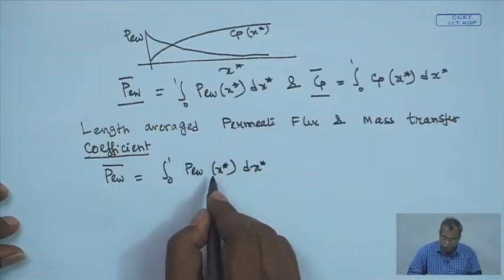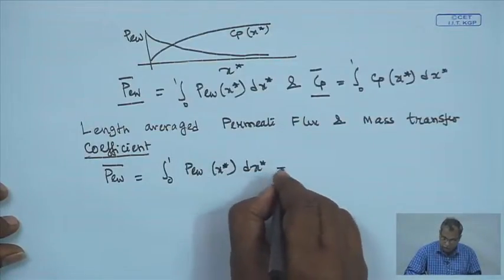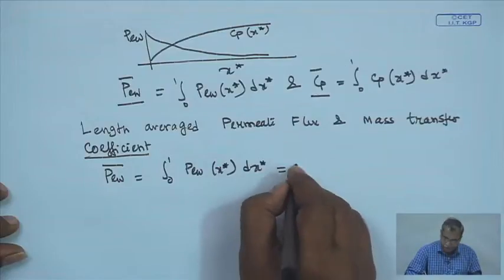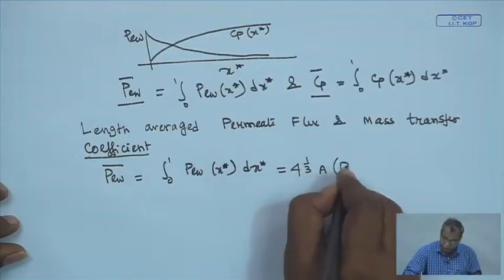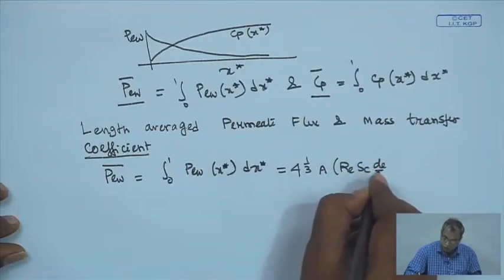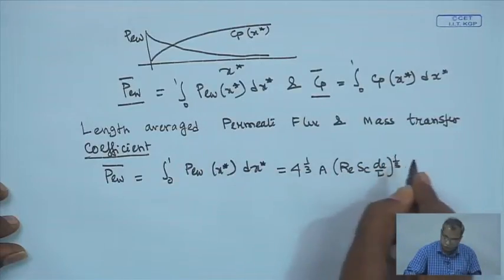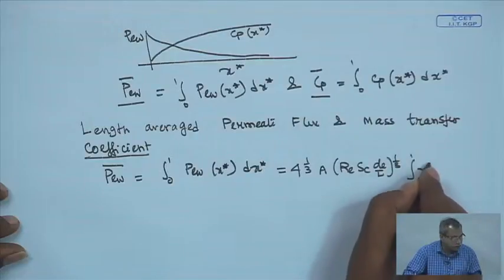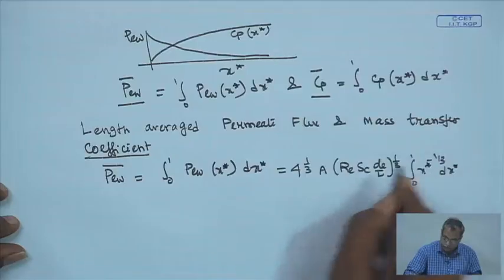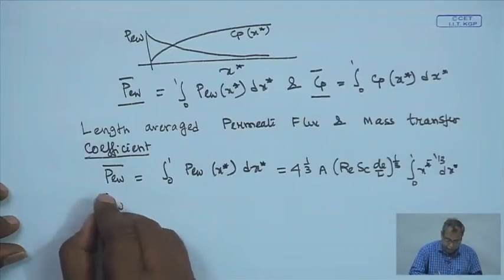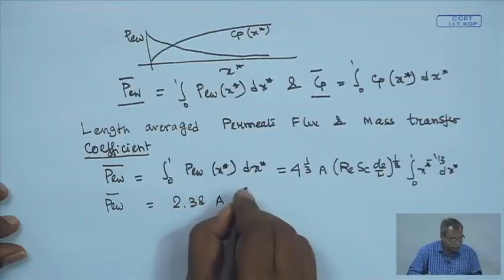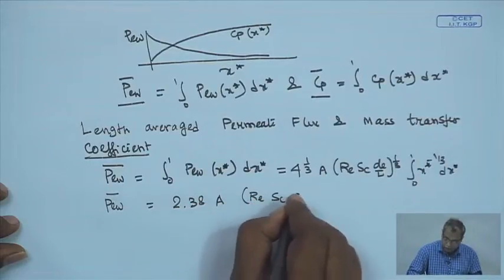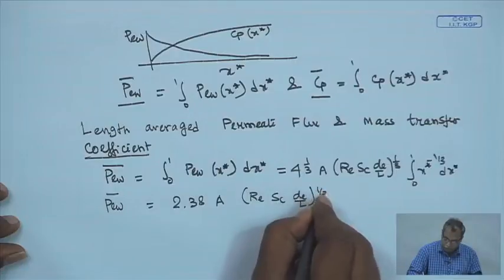We have the expression of Pw as a function of x star, we insert that and see what we get: 4 to the power 1 upon 3 A Re Sc d by L to the power 1 upon 3 times integral 0 to 1 x star to the power minus 1 upon 3 d x star, and ultimately we will be getting Pw bar equal to 2.38 A Re Sc d by L to the power 1 upon 3.